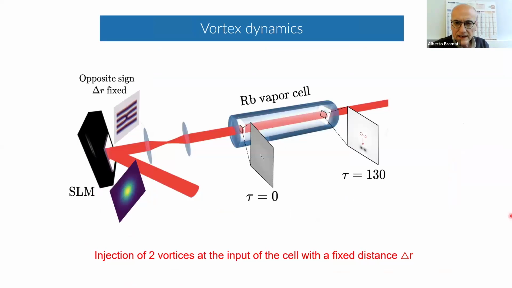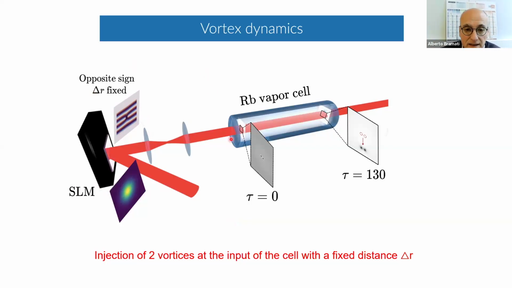And also this kind of system is very interesting in order to study, for example, the vortex dynamics, because in the same way that I have generated two counter-propagating beams before, I can use the spatial light modulator in order to create two vortices.